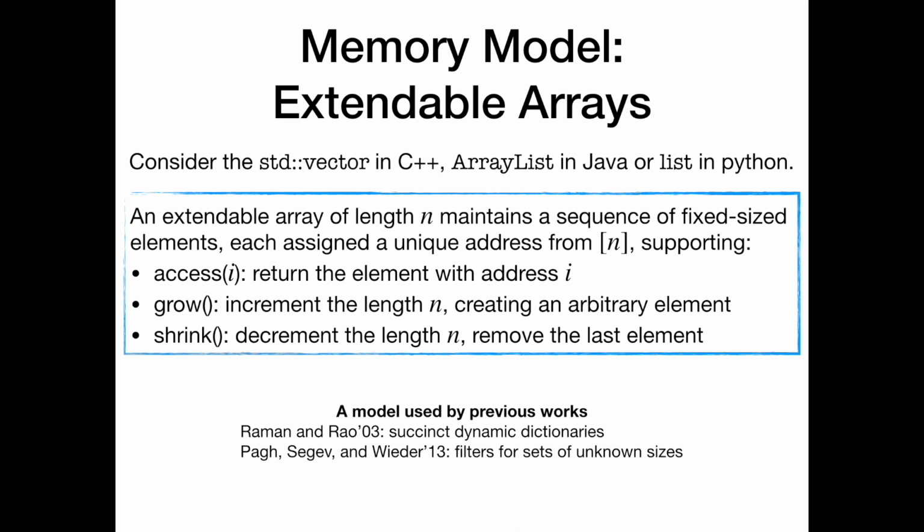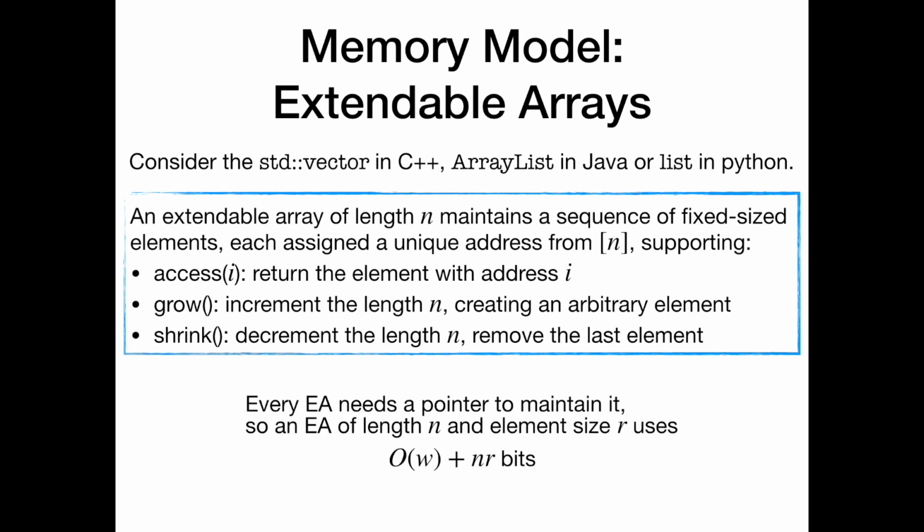Previous works used the extendable array model. Raman and Rao presented a data structure for succinct dynamic dictionaries in this model. The previously mentioned data structures are also based on this model. We need a pointer to maintain an extendable array.